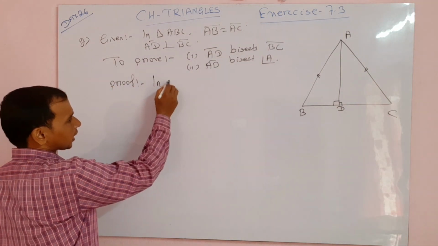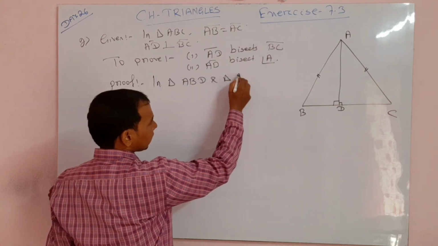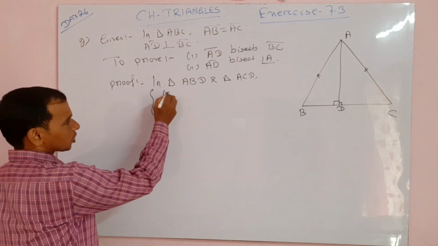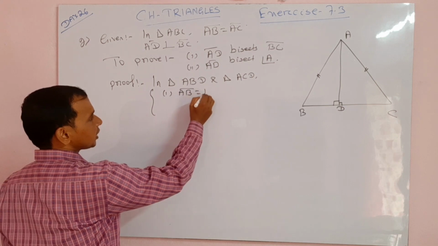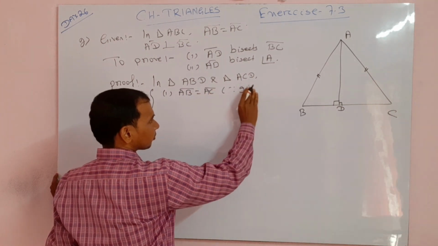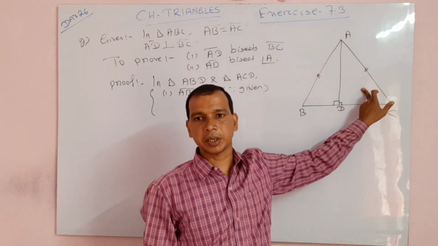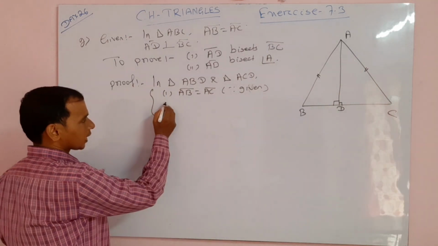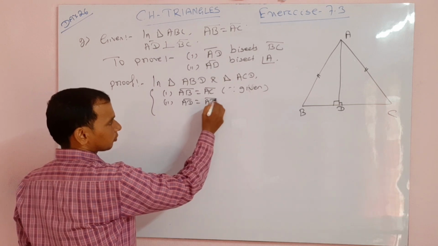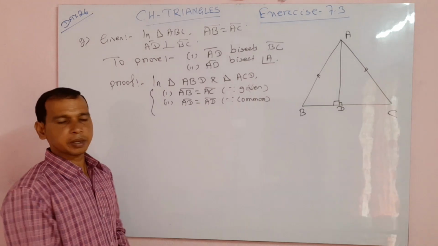In triangle ABD and triangle ACD, first, AB is equal to AC because of given. Second, AD equal to AD because of common.